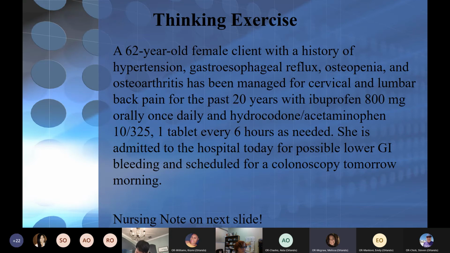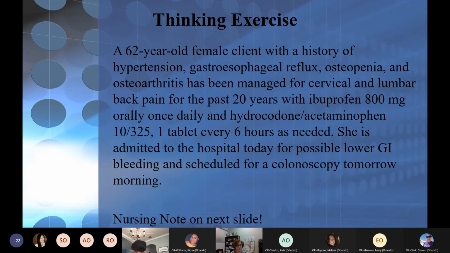She is admitted to the hospital today for possible lower GI bleeding and scheduled for a colonoscopy tomorrow morning. Okay, what does the 10-325 mean? 10 milligrams of hydrocodone, 325 of acetaminophen. Perfect. Yes. So this patient has been on that for a while, and now she's going for lower GI bleed and scheduled for the colonoscopy tomorrow morning.